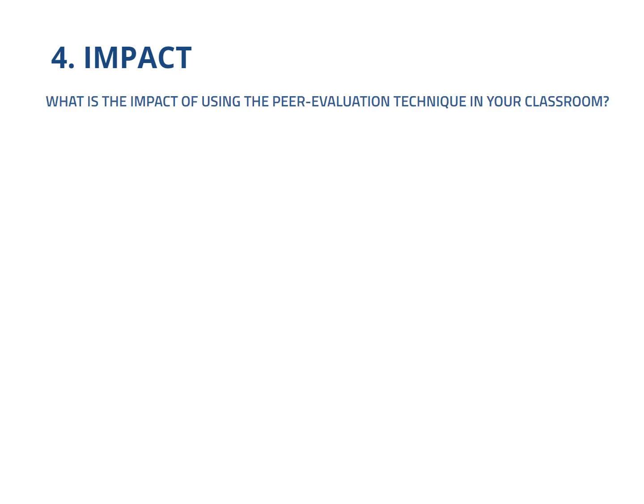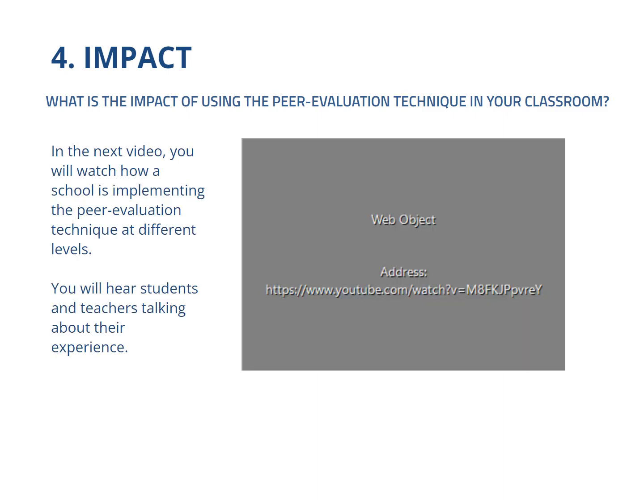Now we are going to see the impact of this strategy. What is the impact of using the peer evaluation technique in your classroom? Now you're going to watch a video about how a school is implementing this peer evaluation technique at different levels. You will hear students and teachers talking about their experience.